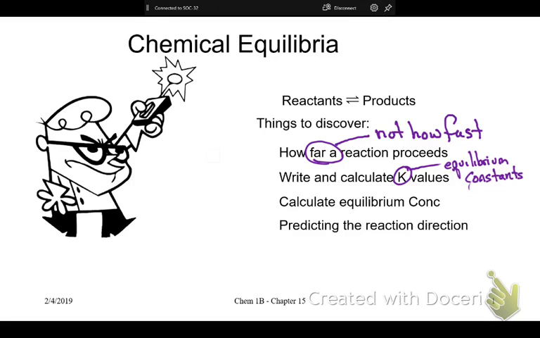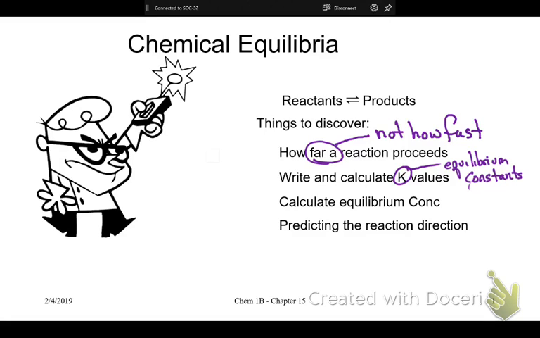And the last thing we're going to do is sometimes you mix a bunch of chemicals together, or you don't get to choose the mixing of chemicals. Nature decides a mixture of chemicals. And you want to know, in this mixture of chemicals, like acid in your blood, or if you want to talk about base, which way is the reaction going to go in order to reestablish the equilibrium?